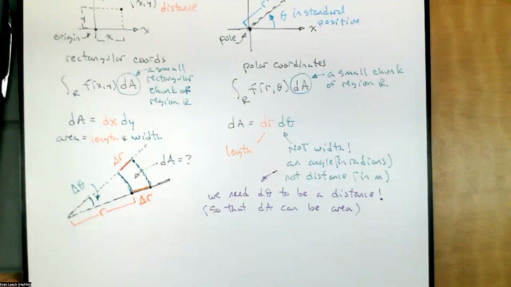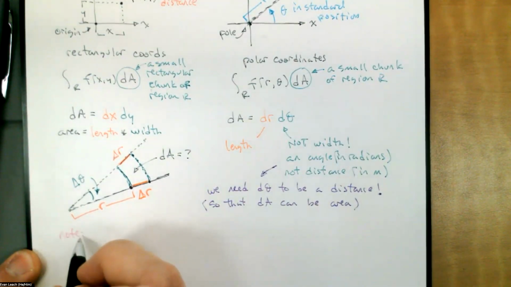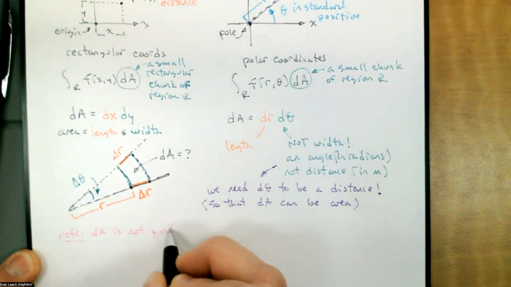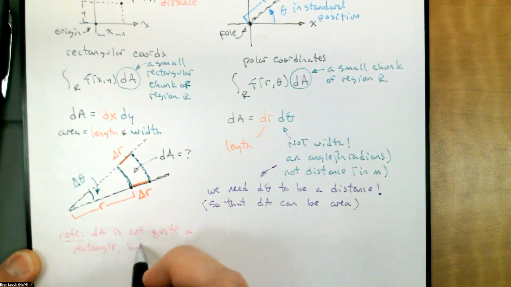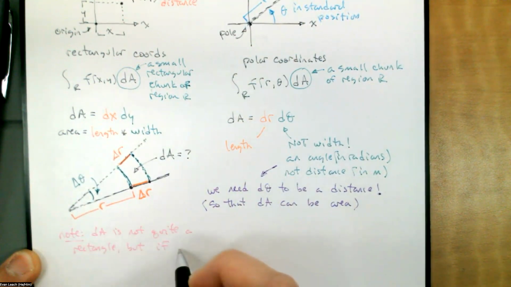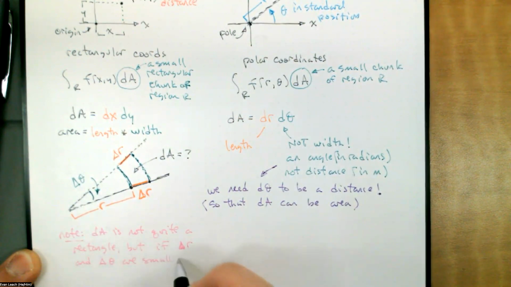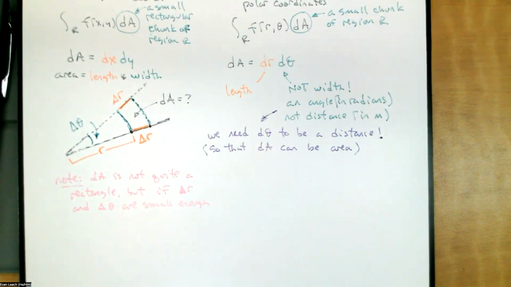And that's what we want. So the first thing to notice, dA is not quite a rectangle, but if dr and d theta are small enough, it'll be close.